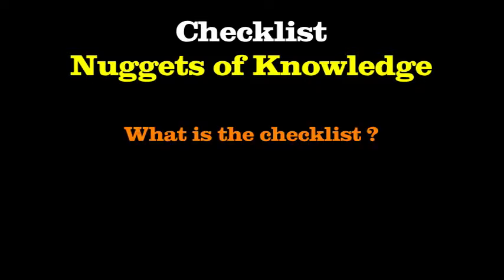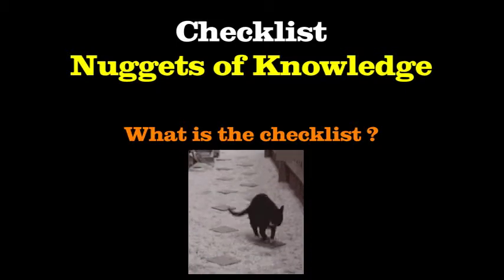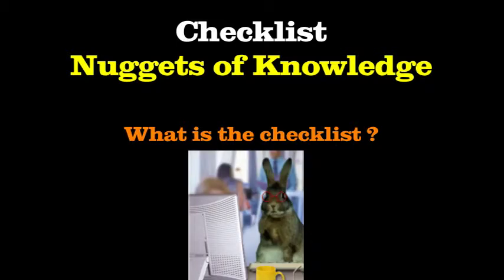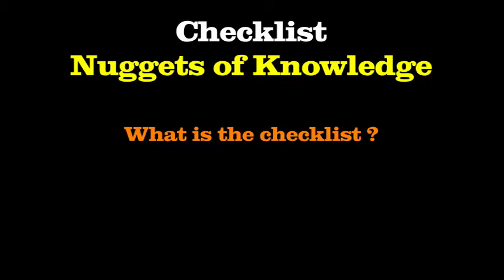We've included some nuggets of knowledge, if you will, at the end of this video in reference to the checklist. What is the checklist? The checklist is a series of events that is set in a particular order in which to complete a refurbishing project to a donated computer according to the type of end user who will be receiving the computer.